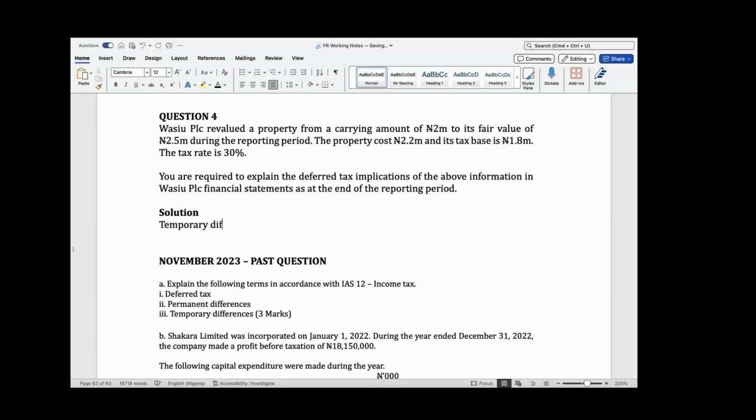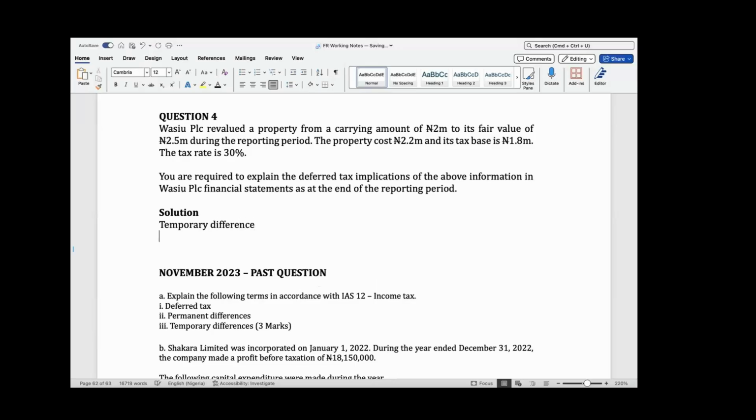I know I would need to calculate temporary difference, which is the difference between carrying amount and tax base. Since they have revalued the asset to 2.5 million as of now, that means the carrying amount of the asset is 2.5 million.